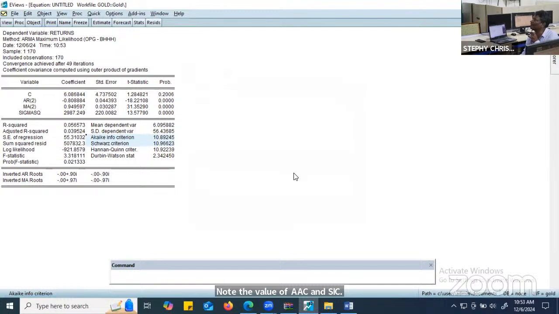10.89245, the value of AIC. 10.96623, Schwarz information criteria. Note the value of AIC and SIC.